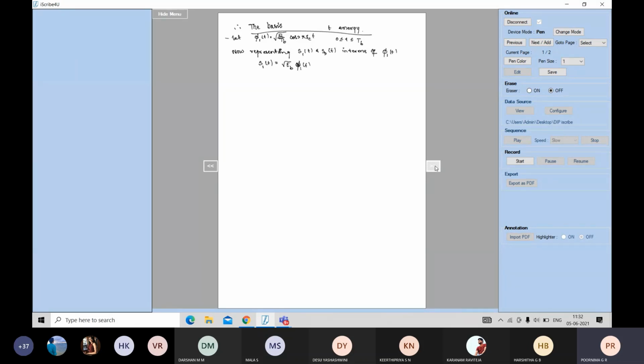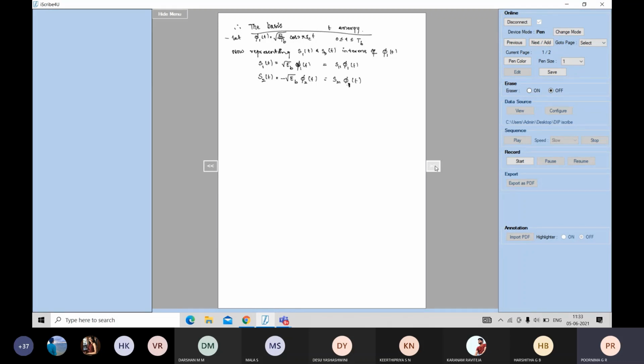Similarly, S2 of t is equal to minus root EB into phi 1 of t. That is, S11 into phi 1 of t and S21 into phi 1 of t.